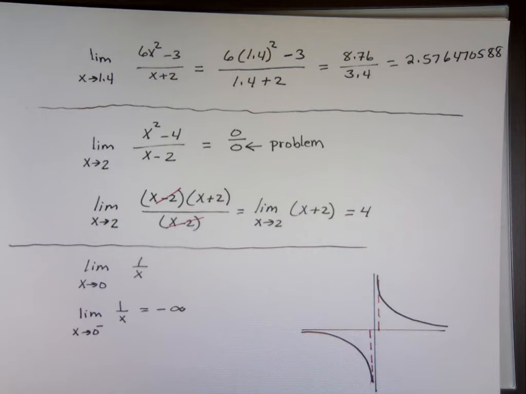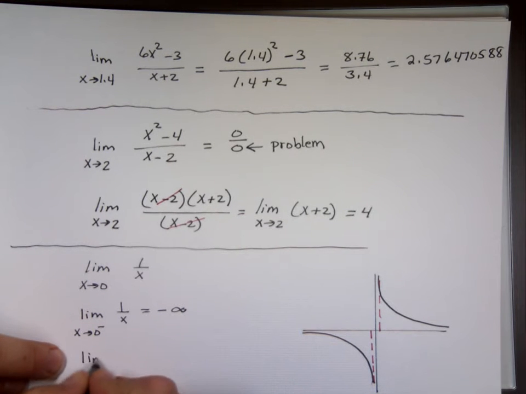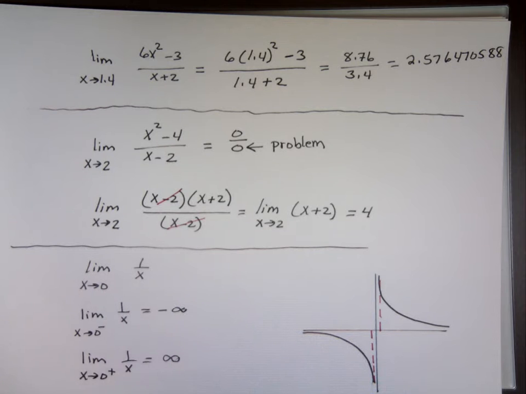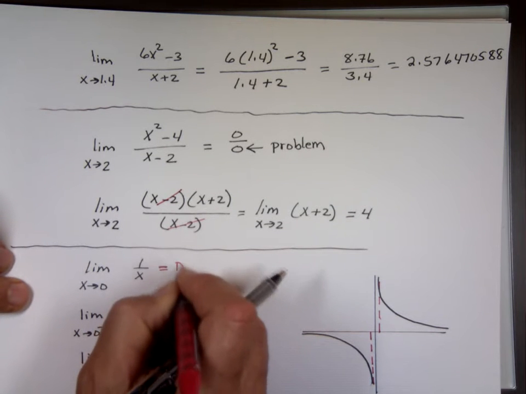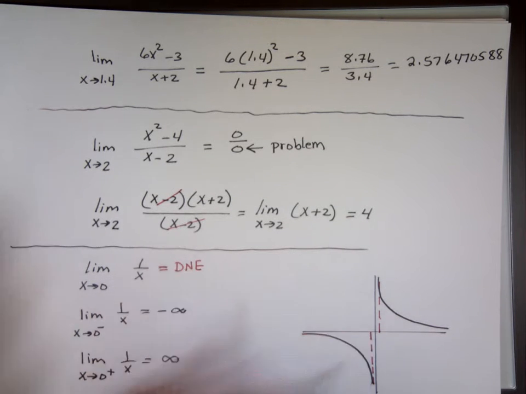What's the limit as x approaches 0 from the plus side? That's positive infinity. So what is the limit as x approaches 0? Does not exist, because they don't match. But for this problem, there's nothing I could have done. Substitution, simplify, I couldn't. So I have to go to either the table or the graph.